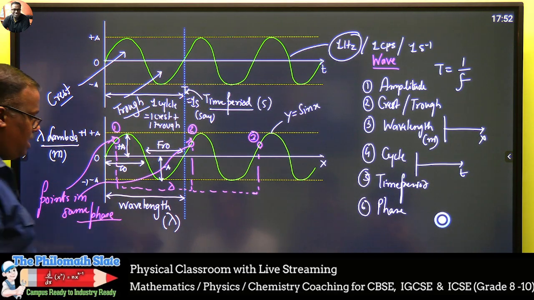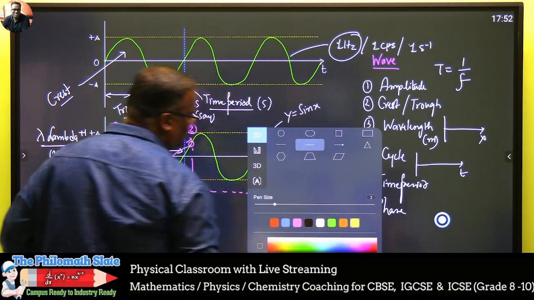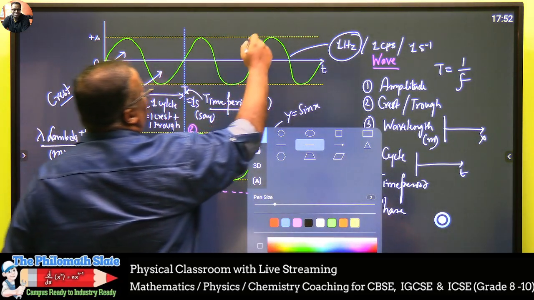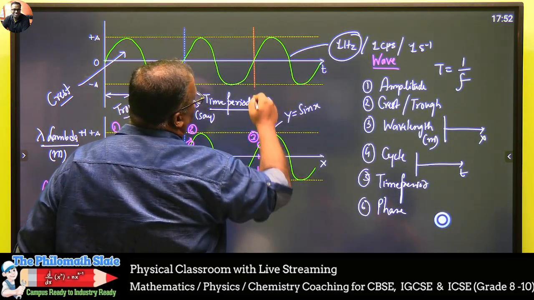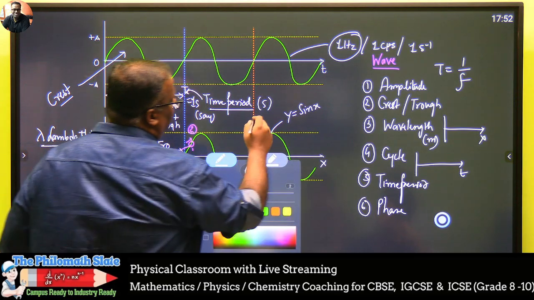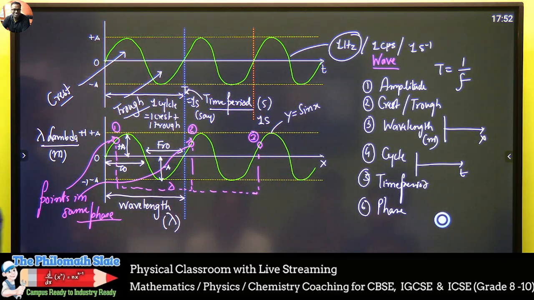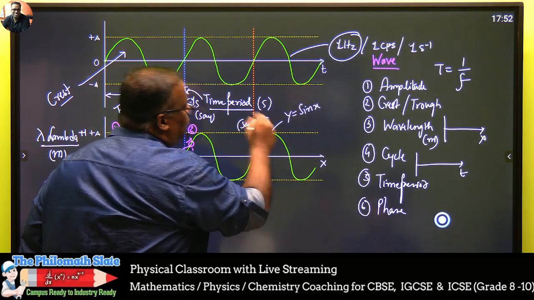And say for example, now the graph is getting dirtier and dirtier, but we'll still go on. Say this is 1 cycle, this is another cycle. Say for example, at this point it was 1 second.